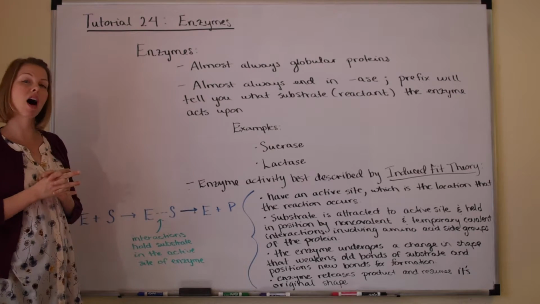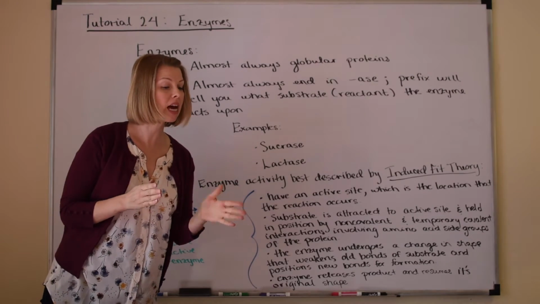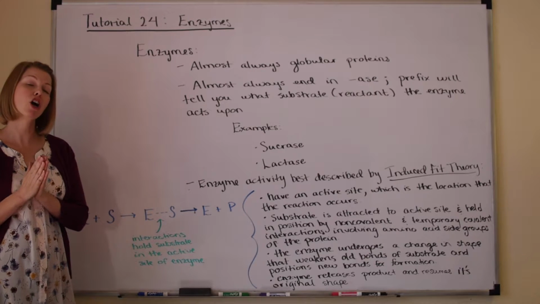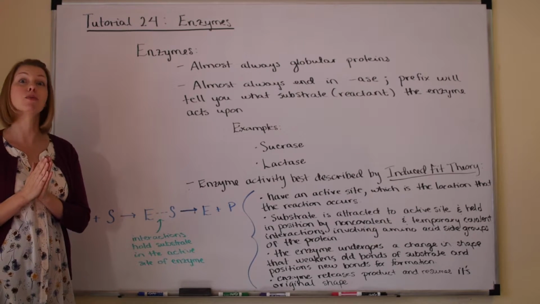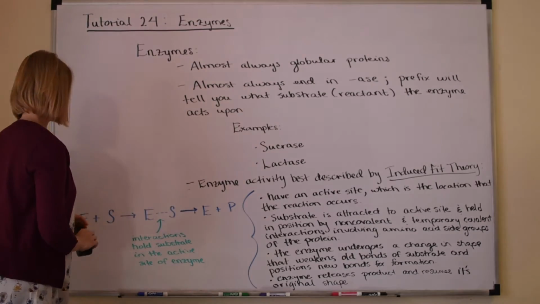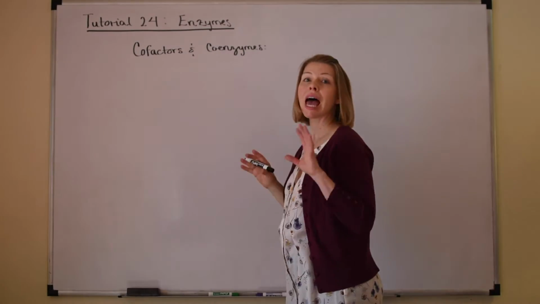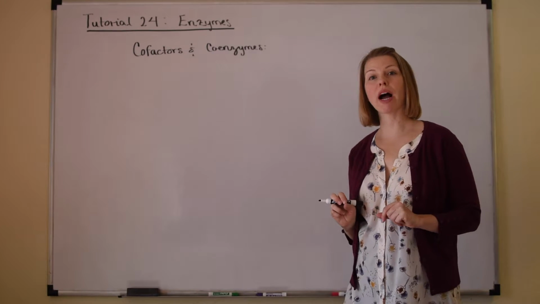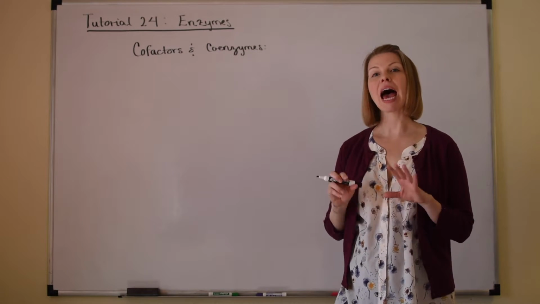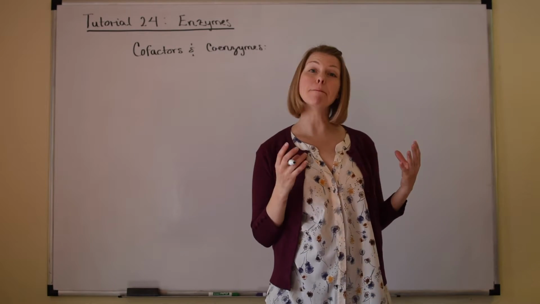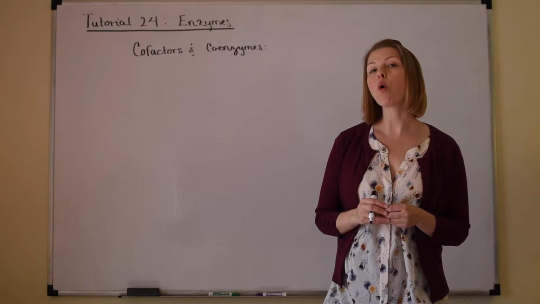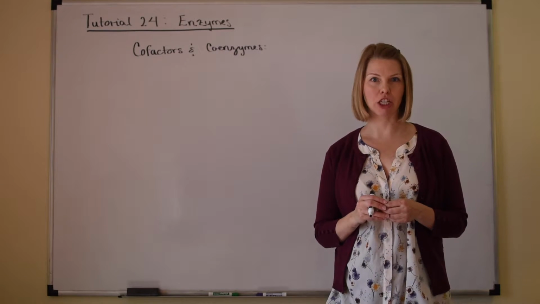And we're going to go on to slide number 3 and talk about cofactors and coenzymes, which are commonly needed to make an enzyme function properly. Enzymes often require a cofactor in order to function properly. And a cofactor can be a metal ion, like a copper ion or a zinc ion, or an organic molecule.